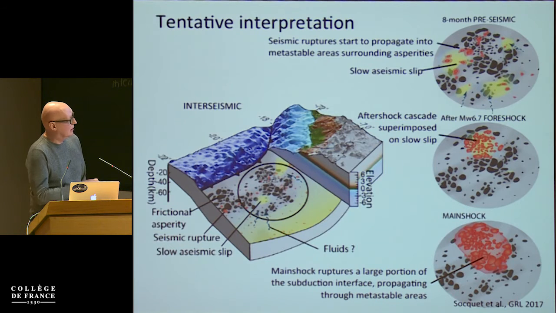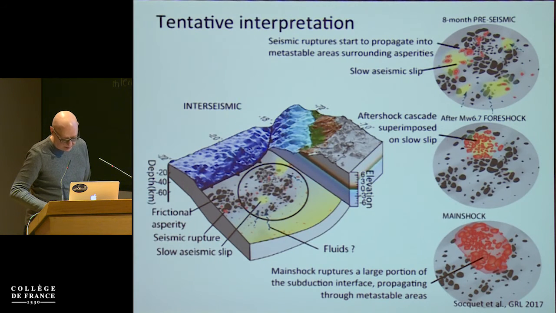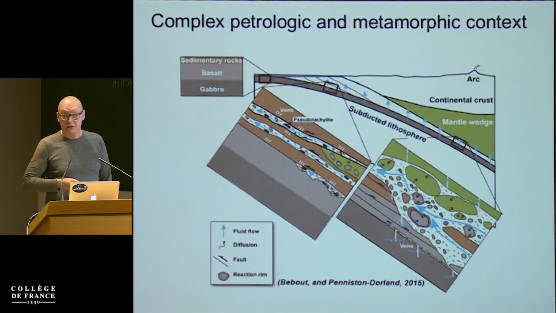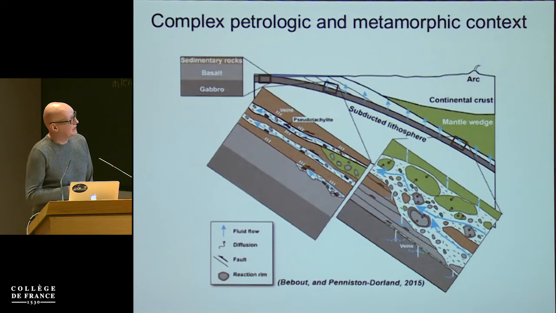So all this happens in a very complex system. This is a seismologist's point of view, which is more mechanical, where you have frictional asperities and areas where you can have fluid circulation and slow slip. This is the view of the petrologist on these areas.